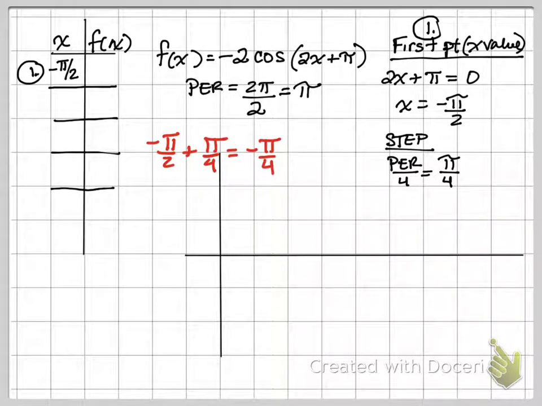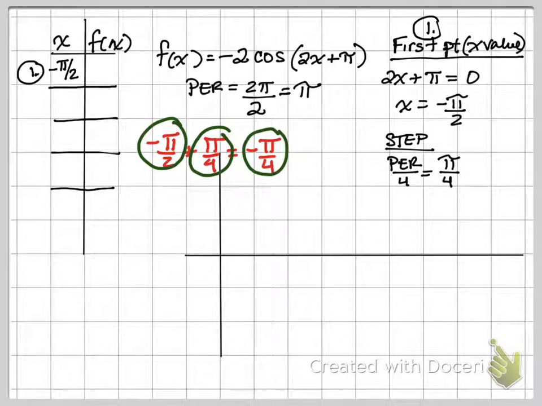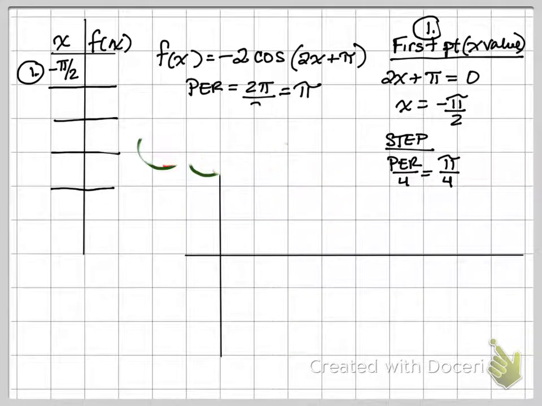I started with negative pi over 2, and then I stepped pi over 4, and I ended up at negative pi over 4. So that's how we're finding the next point, negative pi over 4, and then plus pi over 4. I'm going to take the same step. Plus pi over 4 is going to take me to 0, plus another pi over 4, and then plus pi over 4 is taking me to pi over 2.